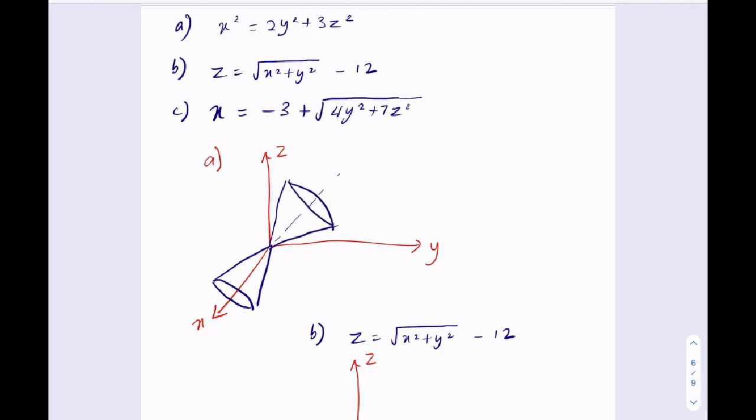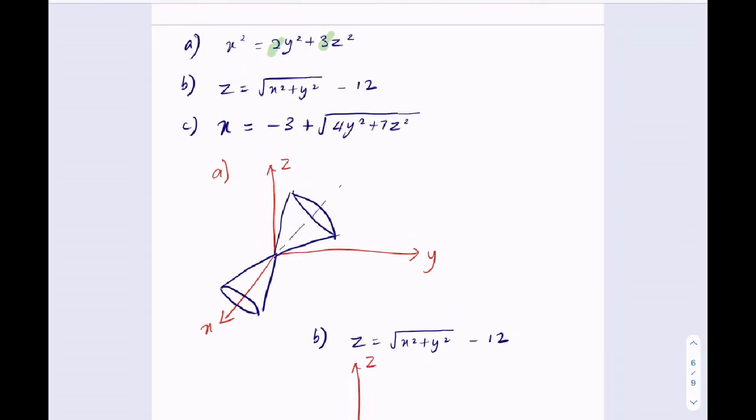Okay, maybe you are curious why we have this number 2 and 3. Meaning the base is an ellipse. You can do some calculation. This one is larger than this.